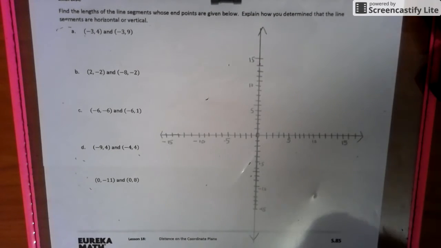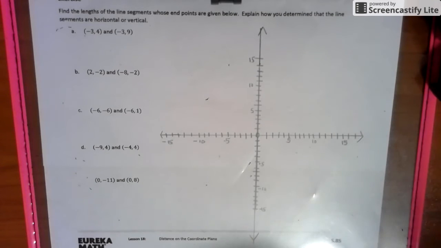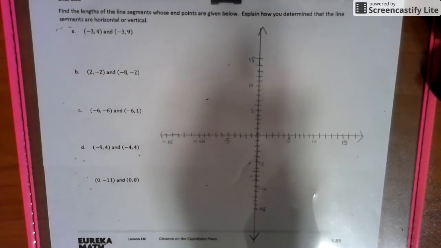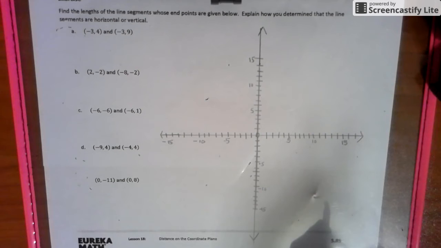So what we're doing today in lesson 18 is trying to figure out the distance between 2 points that are plotted. What I did before I turned on the video is I drew a vertical line and a horizontal line. Where it crossed, I put 0, and I put arrow tips on each of the ends.